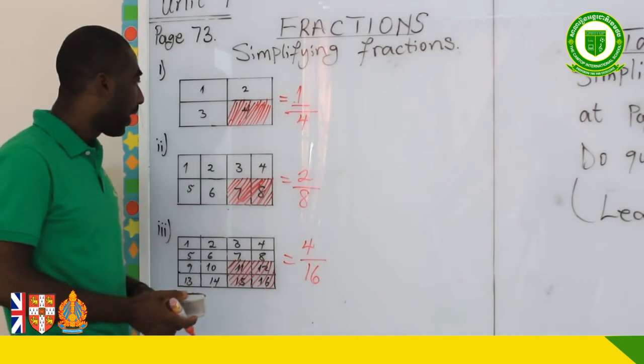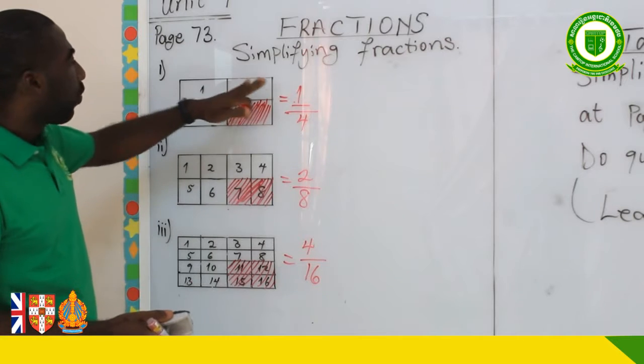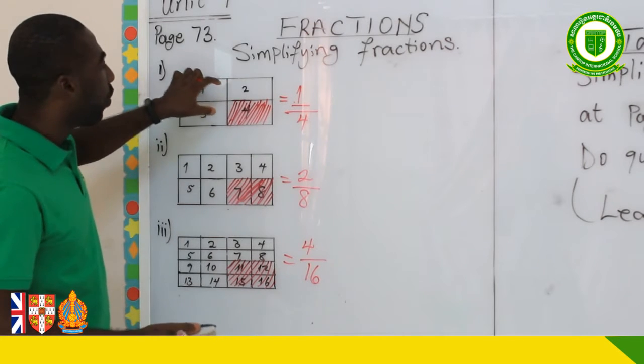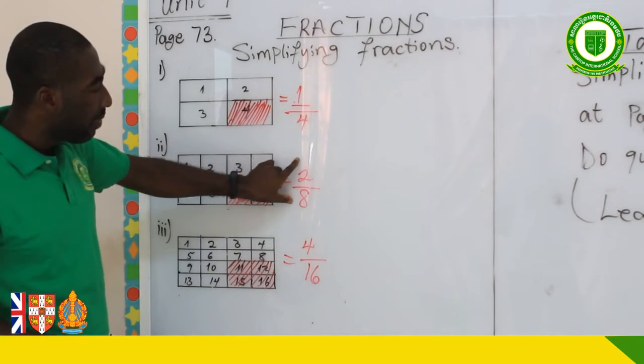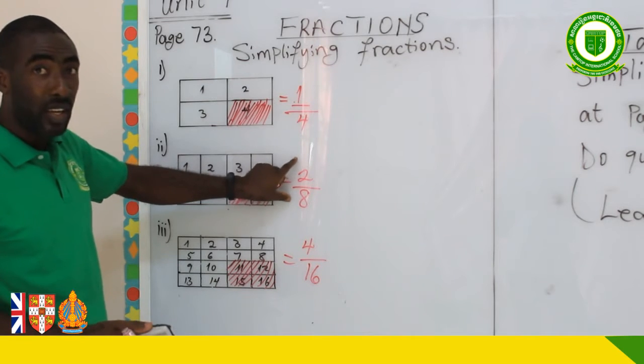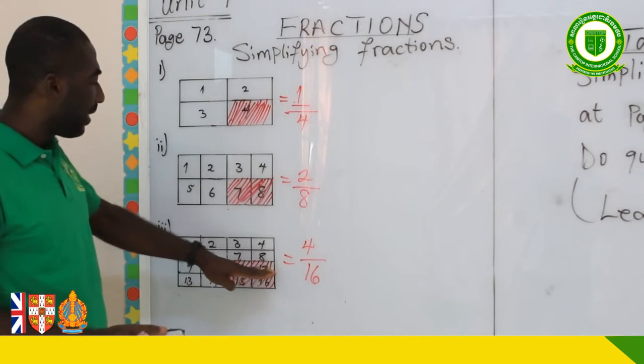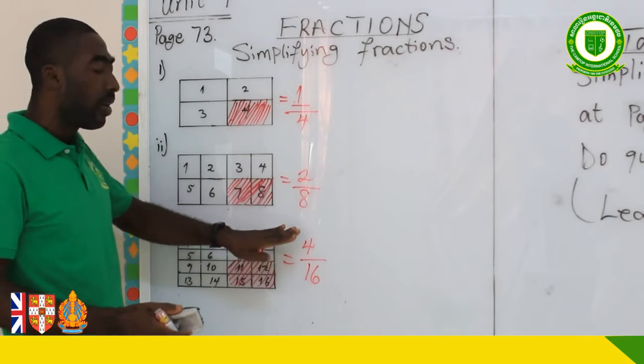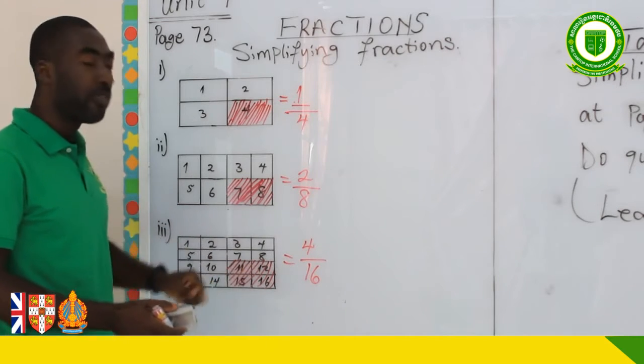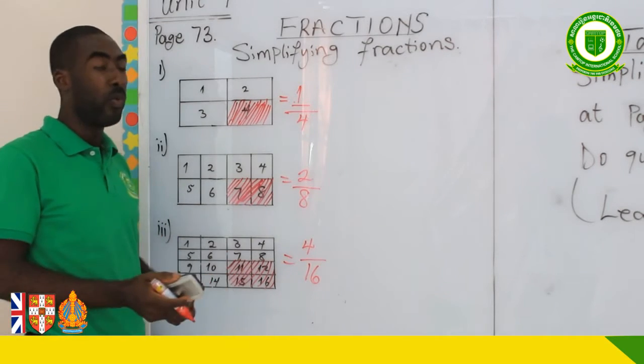So if you look at our diagram, the 1/4 of this one whole is the same as 2/8 of this one whole, and is the same as 4/16 of our one whole.